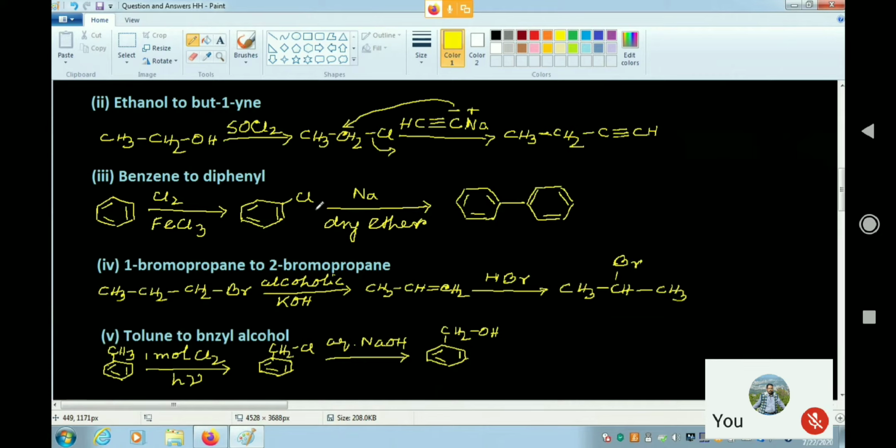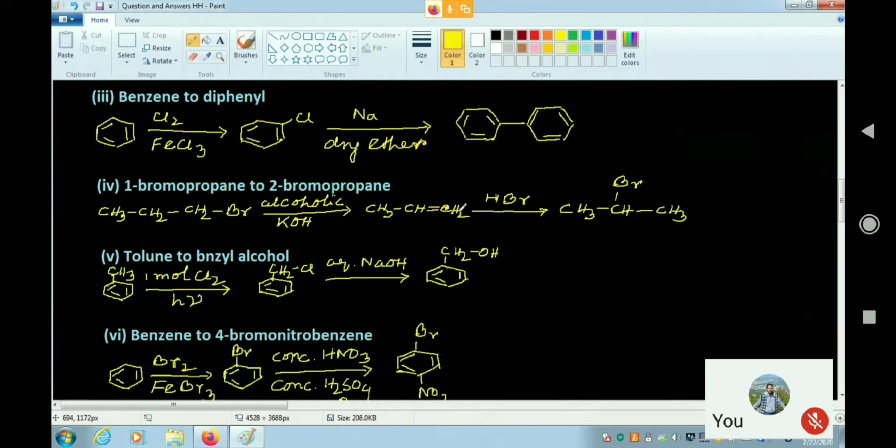Chlorobenzene, when treated with sodium in the presence of dry ether, gives rise to diphenyl. So this is the second step. One is the Fittig reaction. We can take the help of the Fittig reaction.